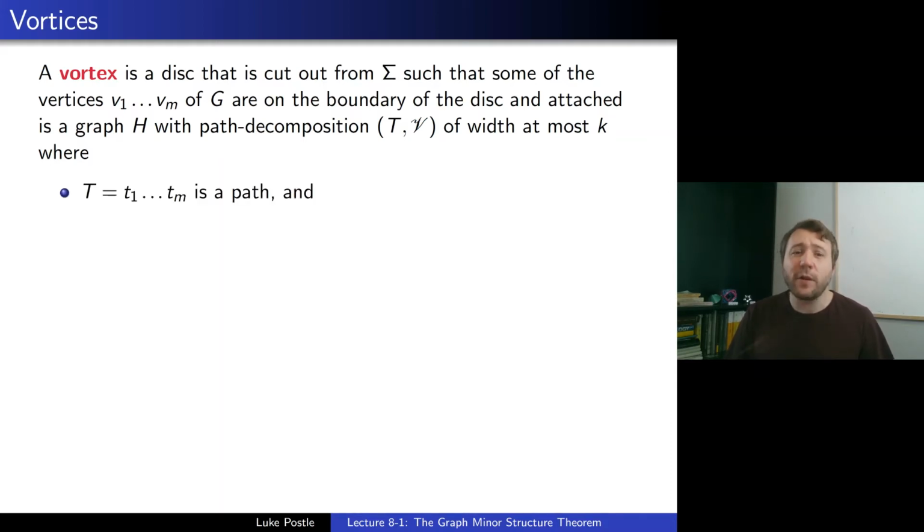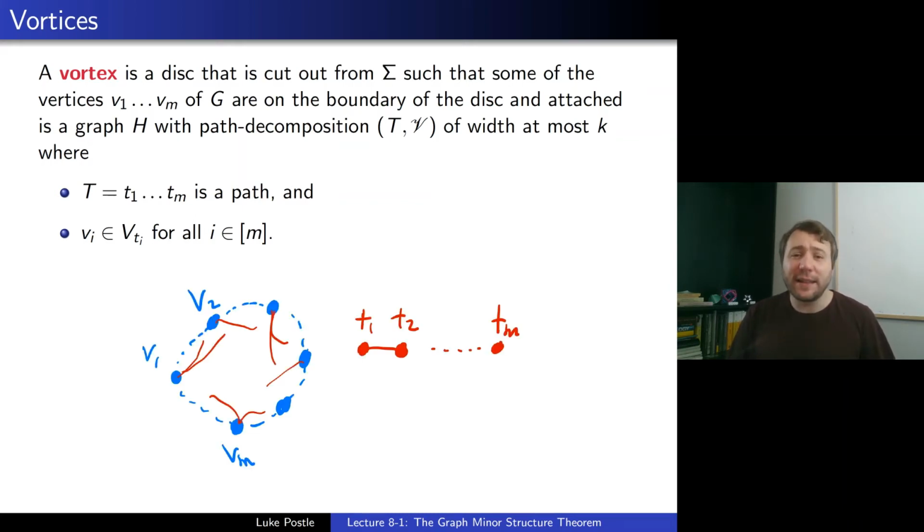So how is that going to work? Well, T will be, of course, a path, T1 up to Tm, but we're going to have that v_i is in V_Ti for all i in m. So somehow the bags, as they go around the cycle, each bag should contain the vertex on it. So it creates a linear ordering, a path decomposition that interacts with the surface in a linear way.